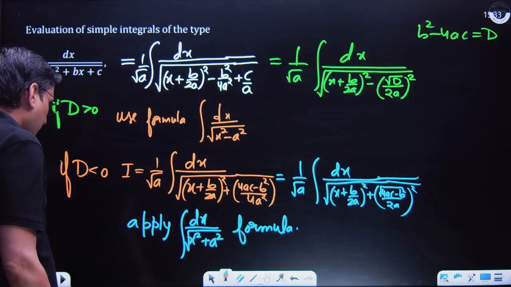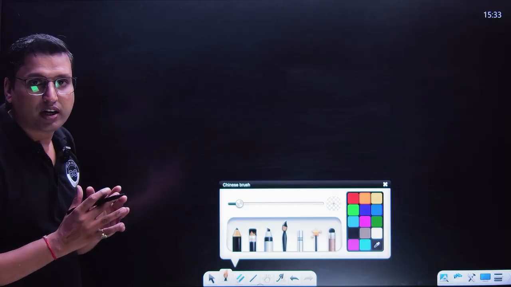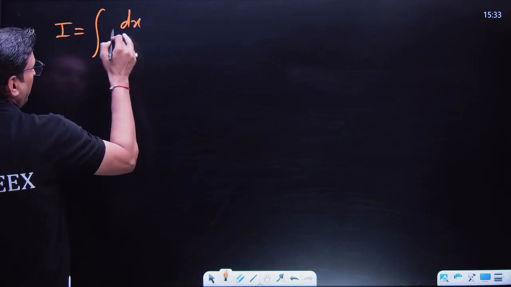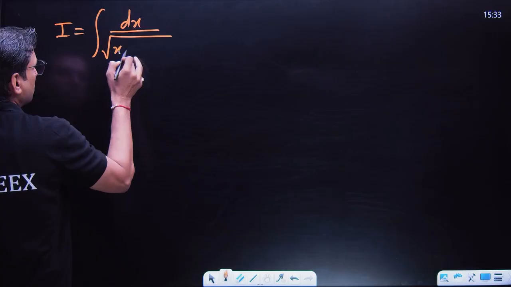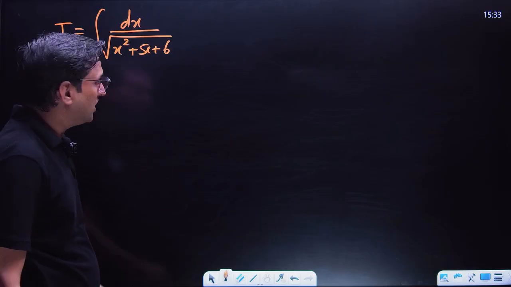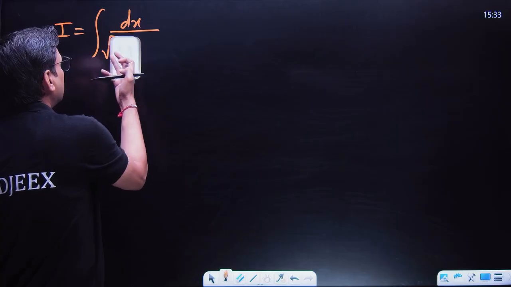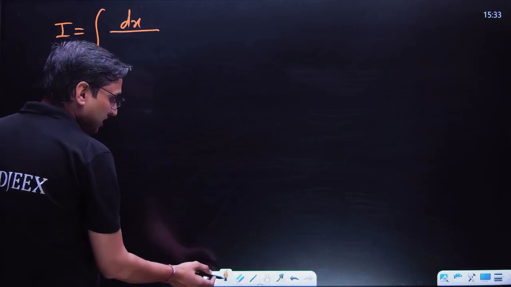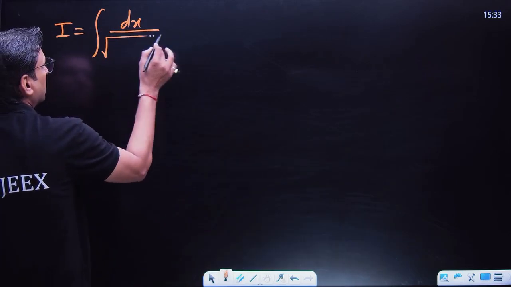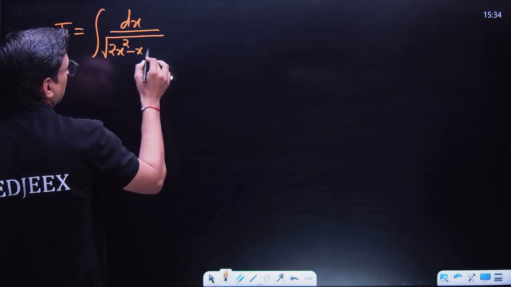Now take an example to understand how you can utilize this: I is equal to integration of dx divided by root over x square plus 5x plus 6. Take this as an example. No need to take that one; let us take an example where there is scope to take a common factor, 2x square minus x minus 3.